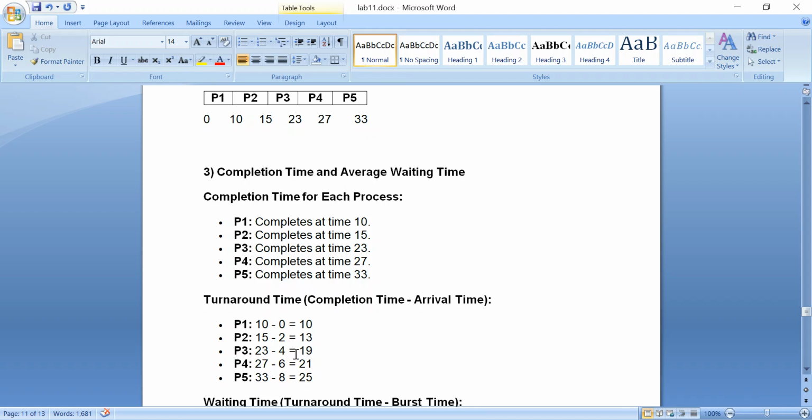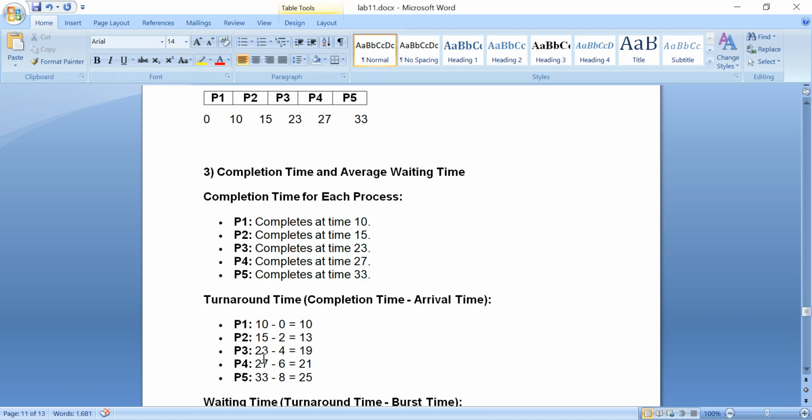So what is the turnaround time? Turnaround time is completion time minus arrival time. P1 completes in 10 seconds, since it arrives at 0. P2 completes at 15 and arrives at 2, so the turnaround time is 13.